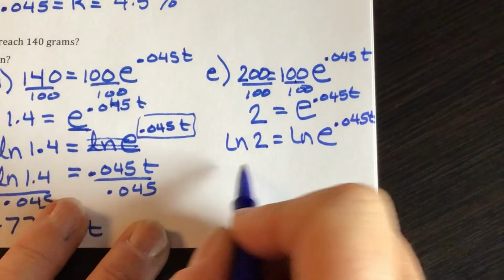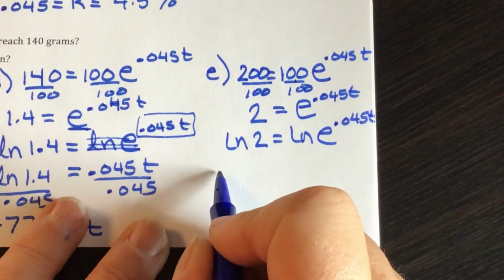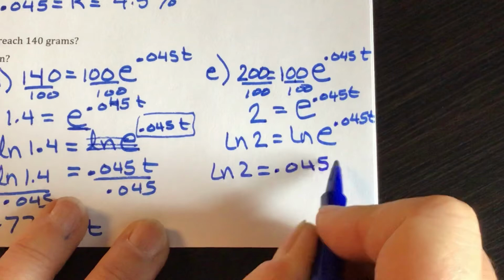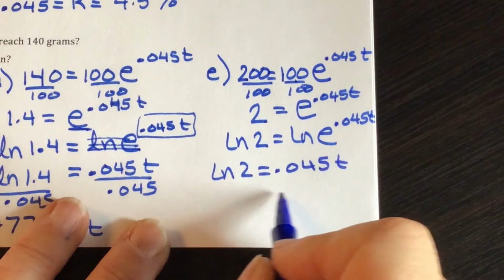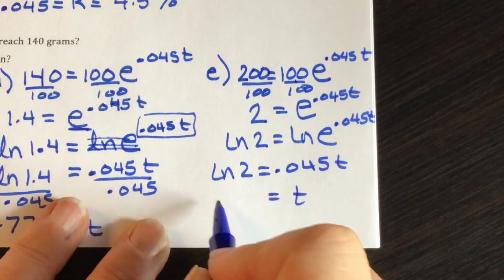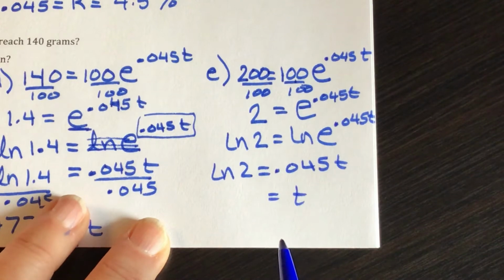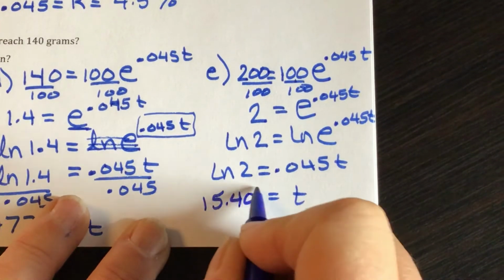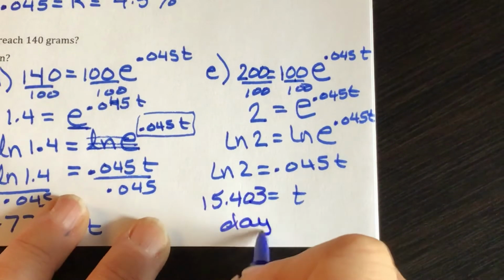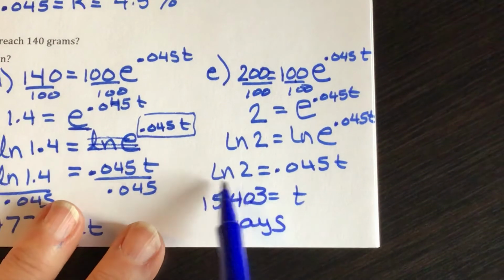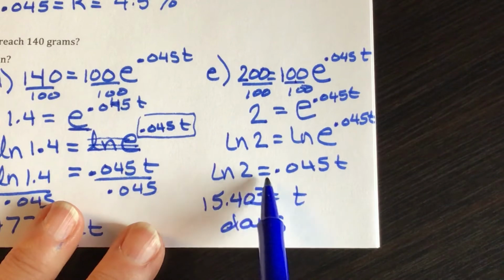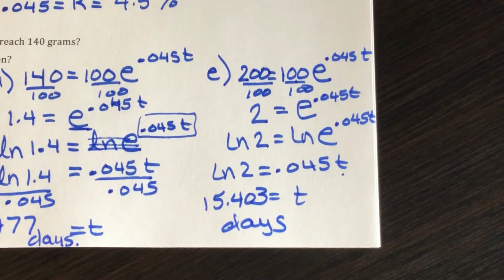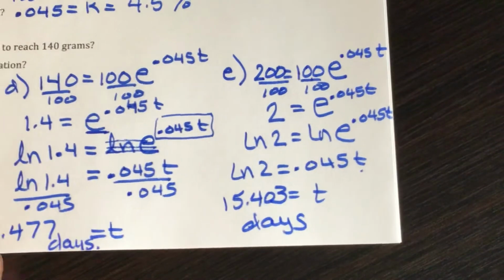Using the properties, I have ln of 2 is 0.045t, and divide by 0.045, and I get 15.403 days. So I just did ln of 2 divided by 0.045, and that gives me 15.403 days.